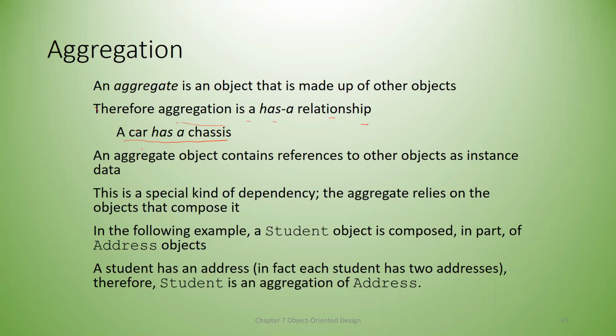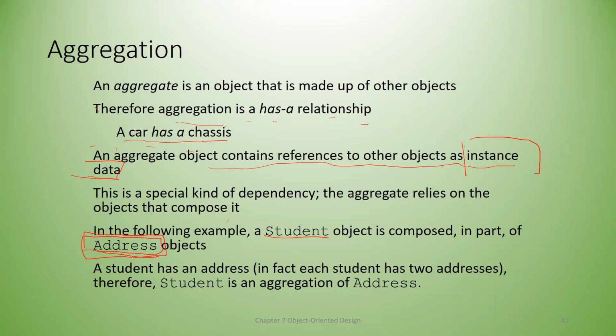Okay, an aggregate object contains references to other objects as instance data. As instance data. Remember, what are instance data? The private variables, the attributes, right? So if you think about student and address. Address, you have decided it should be a class.